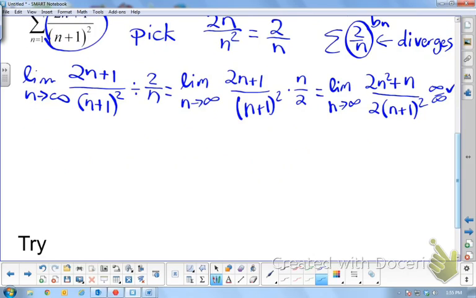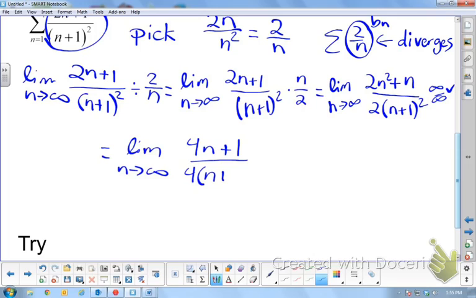So L'Hopital's rule, we'd have limit as n approaches infinity of 4n plus 1. And then in the denominator, we're going to have to do a chain rule. Derivative of the outside. 2 times 2 makes 4. n plus 1 to the first times 1.